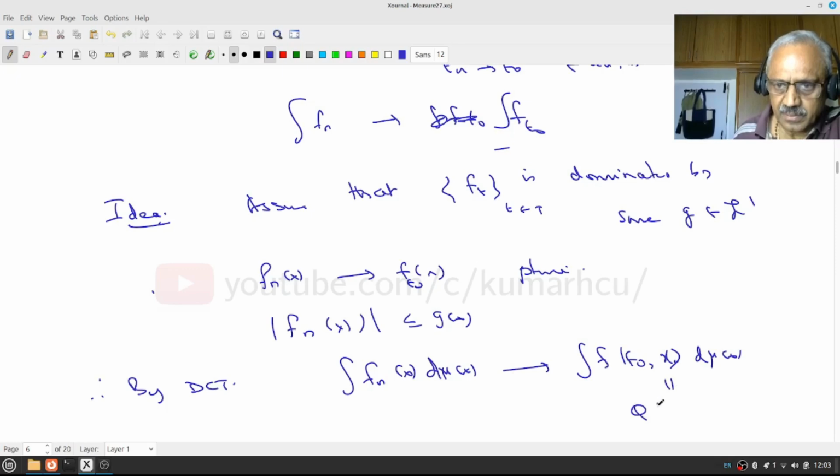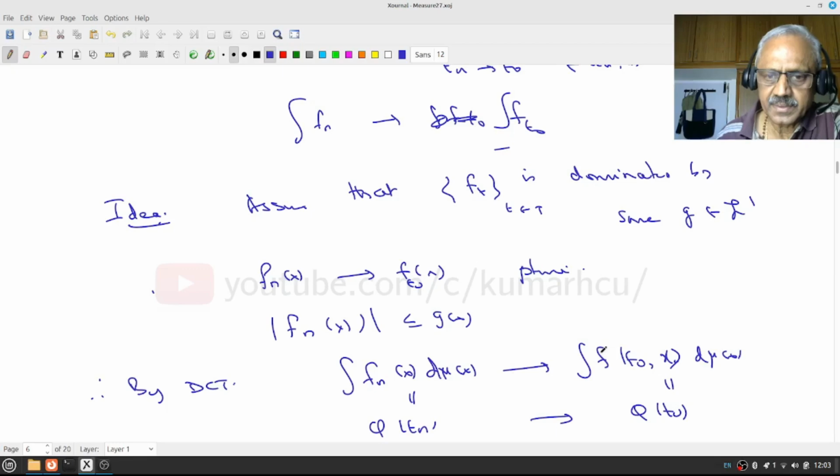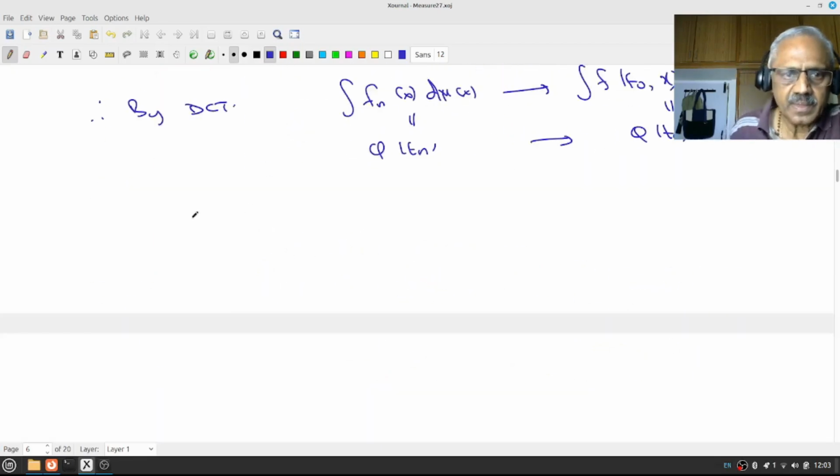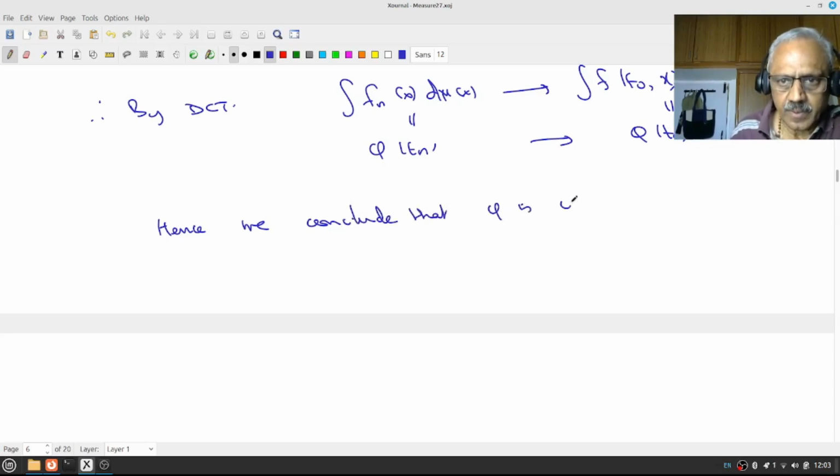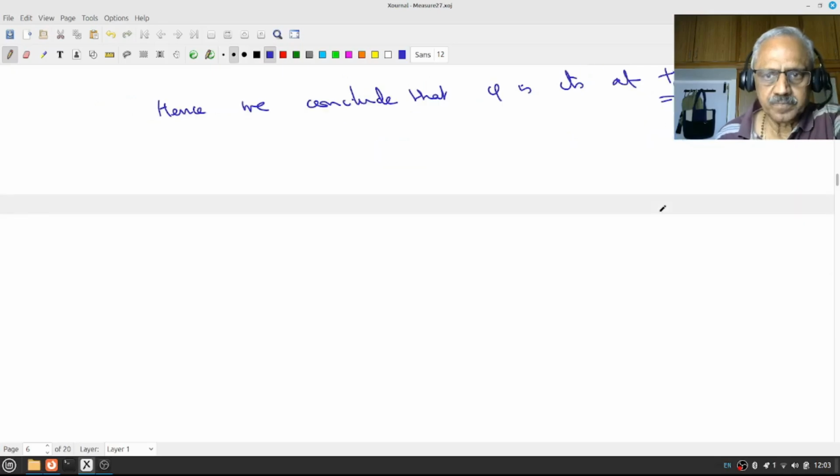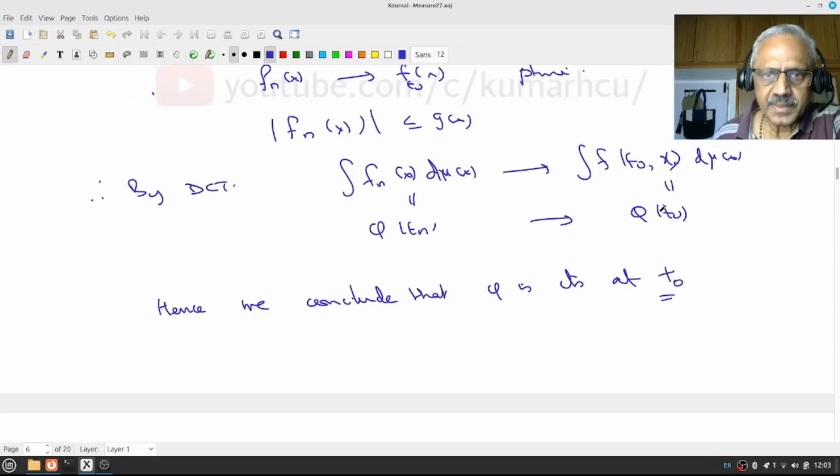But this is nothing else than phi of t naught, and this is nothing else than phi of tn. Therefore, phi of tn converges to phi of t naught. Hence we conclude that phi is continuous at t naught.